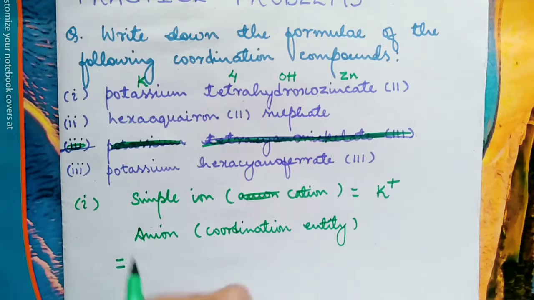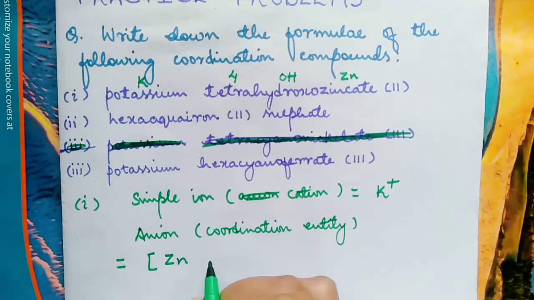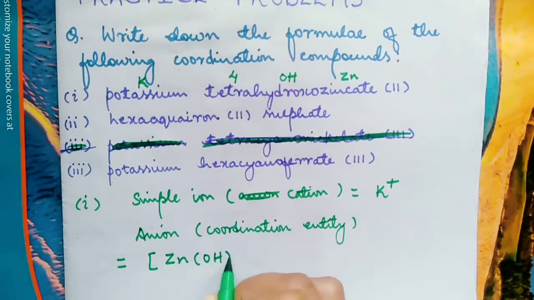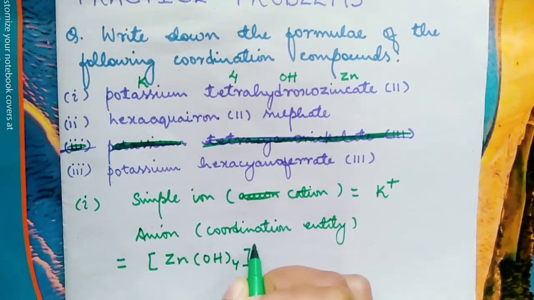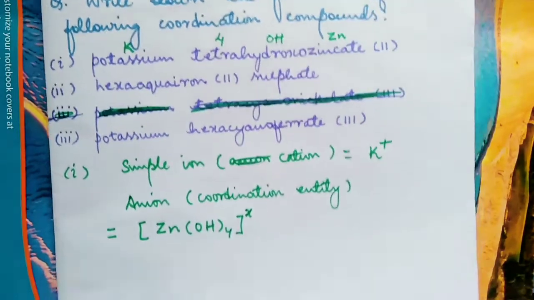For this part, write the symbol. So first write the central metal atom, Zn, followed by the ligands, tetrahydroxo.